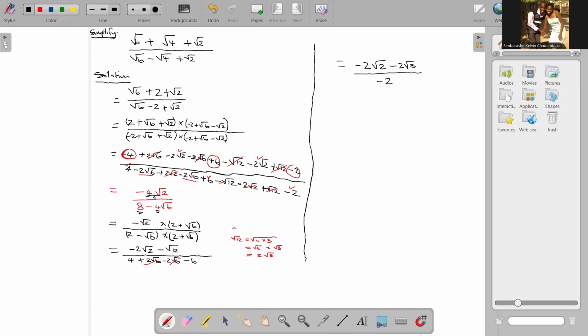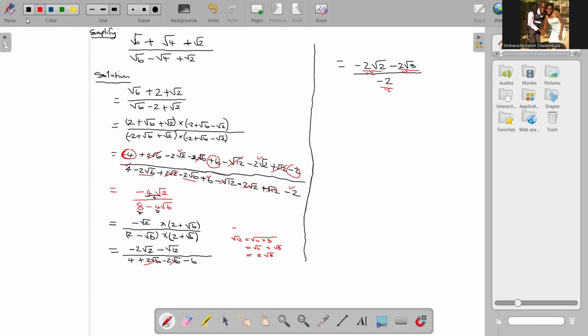Then from there, let's divide throughout by a negative 2. So if you come here, divide that by a negative 2, come here, divide there by a negative 2, come on the denominator, divide by a negative 2.